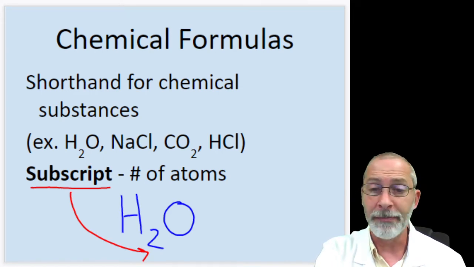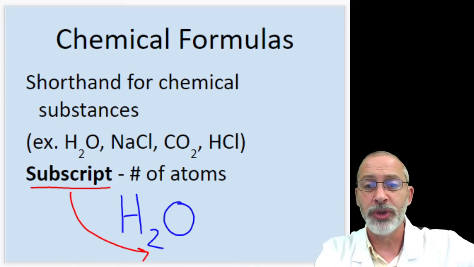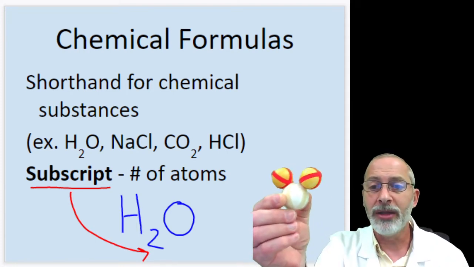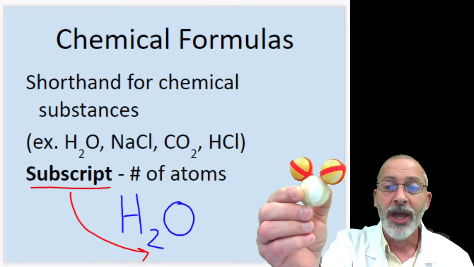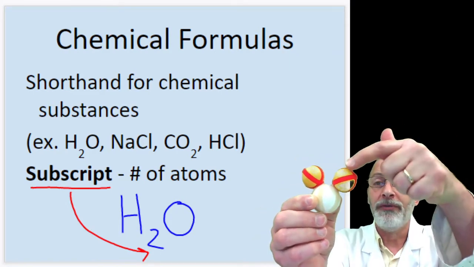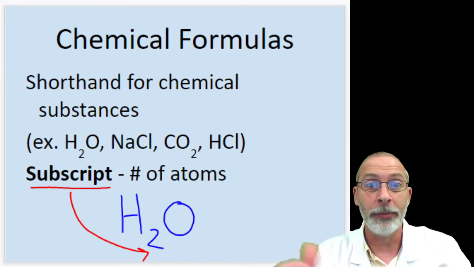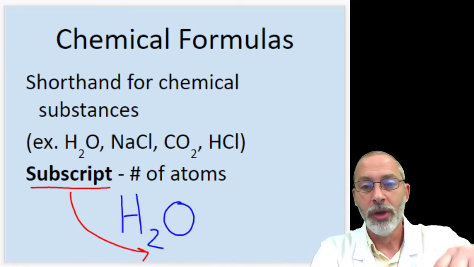Hopefully you remember what those symbols and subscripts refer to. I showed you the little model yesterday of water made up of 2 hydrogen and 1 oxygen atoms. That is the formula, or the recipe, for water.